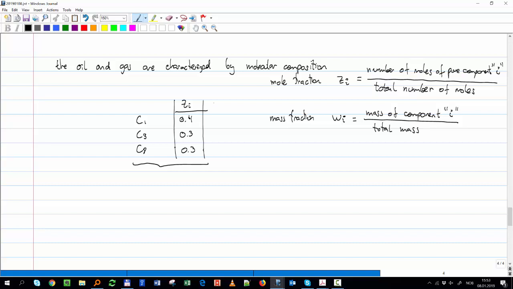And that's also something I can use to characterize my fluid.